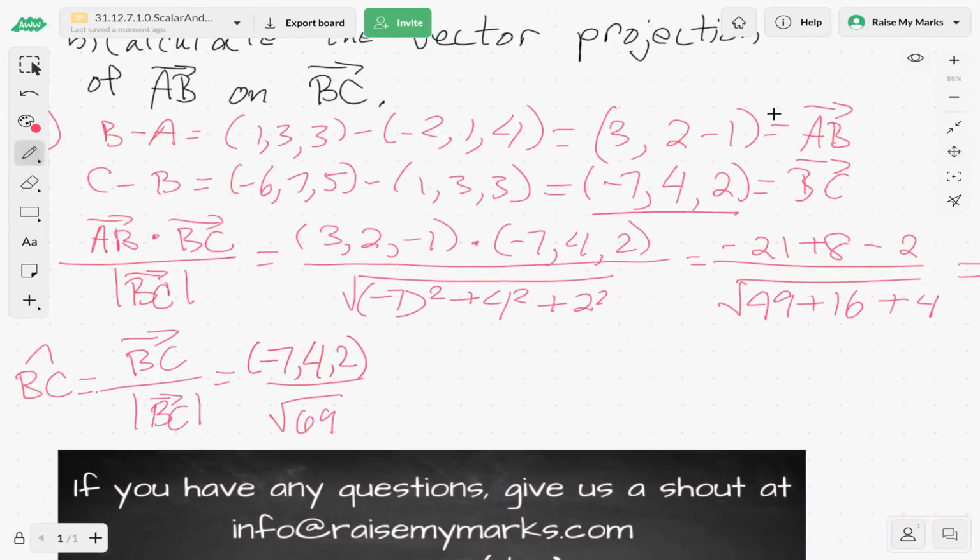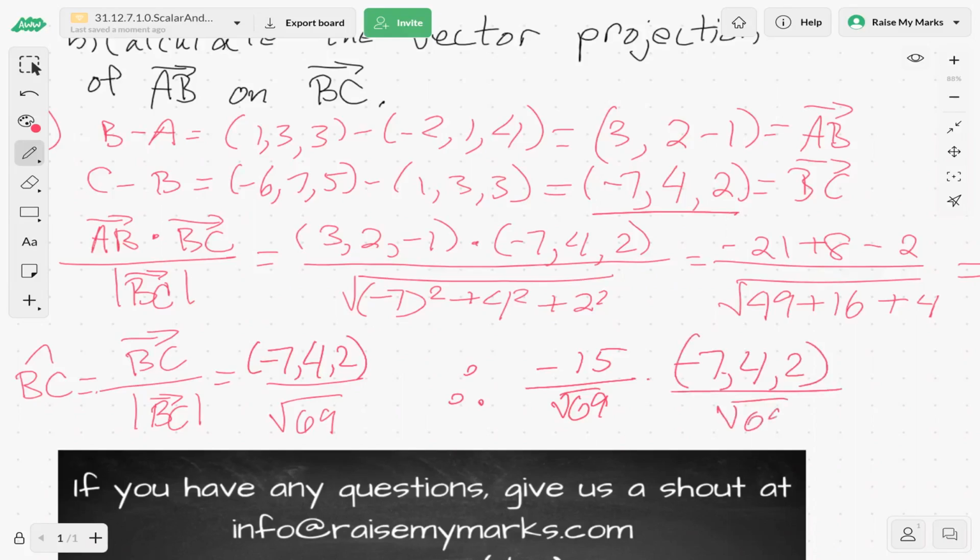Good. All right, so now that we have that, our vector projection is then the scalar projection, which was -15 over square root of 69, times our unit vector, -7, 4, 2 over square root of 69.